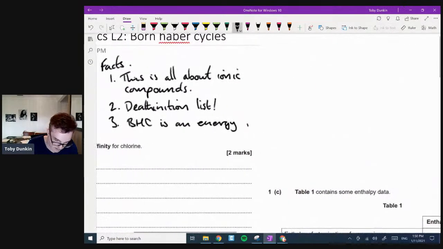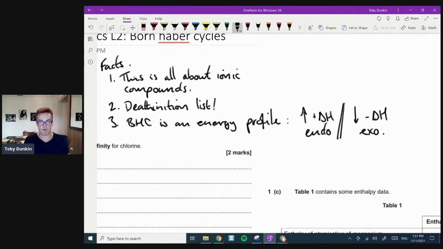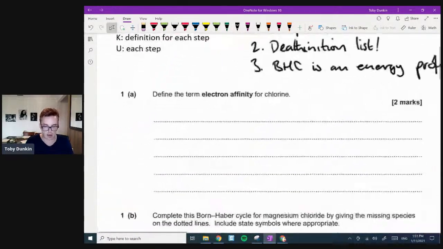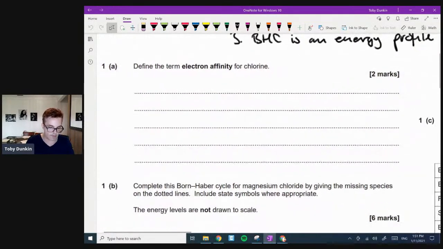We picked up that if the arrows go up, that's going to be endothermic, and if the arrows go down, then it's going to be exothermic, negative delta H, because this is an energy profile. Then we apply our rule from Hess cycles about walking around the cycle. So: define the term electron affinity for chlorine.